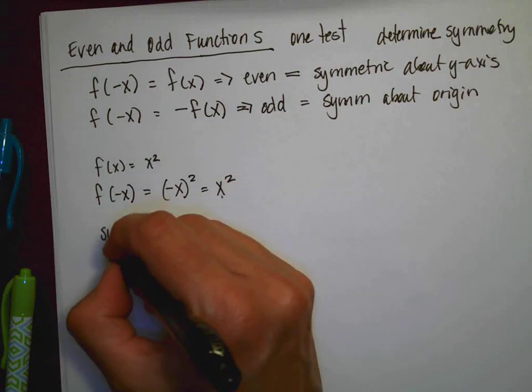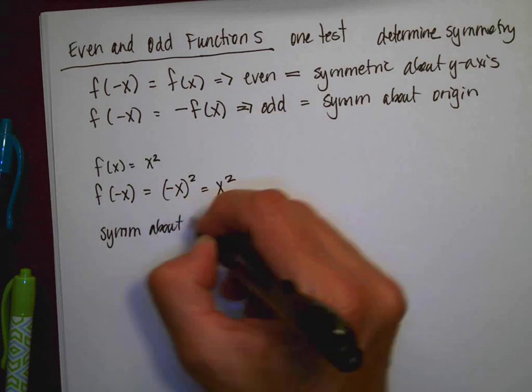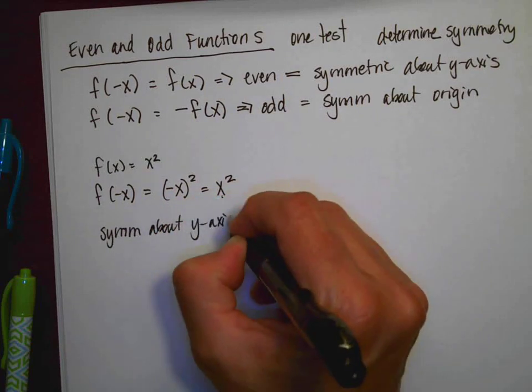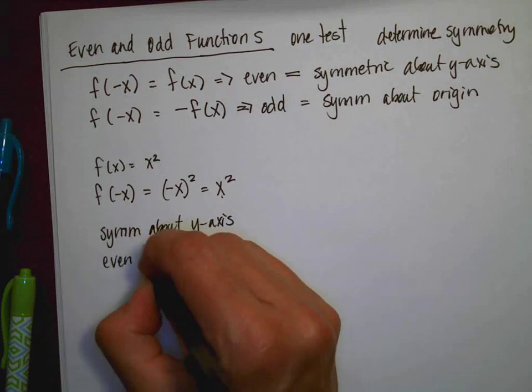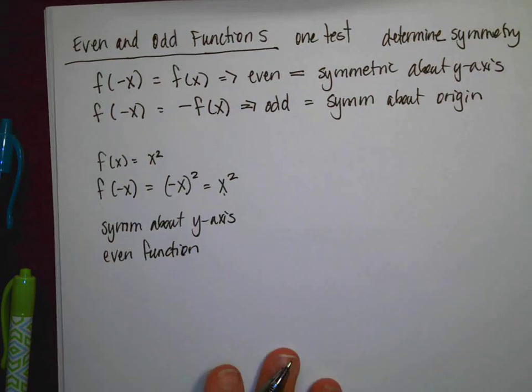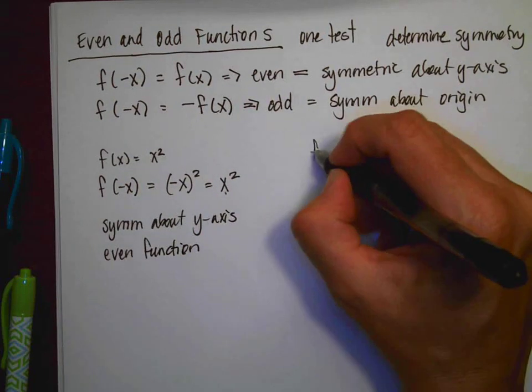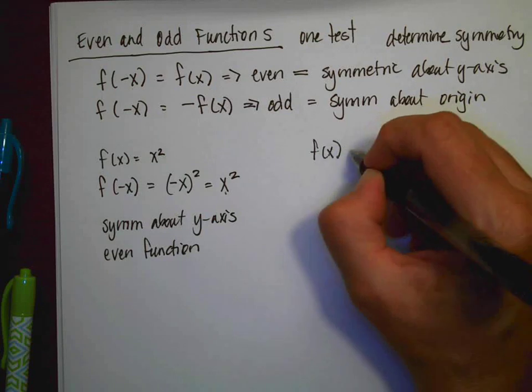This is a negative x quantity squared, and notice that I get the original function. That means that this particular function is symmetric about the y-axis. It also means that it is an even function. All of the signs have to be the same.